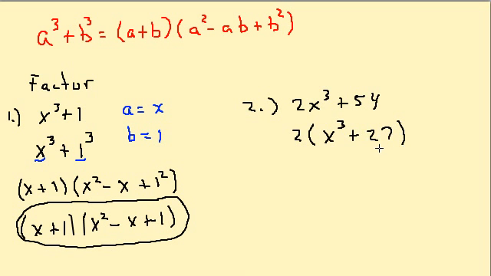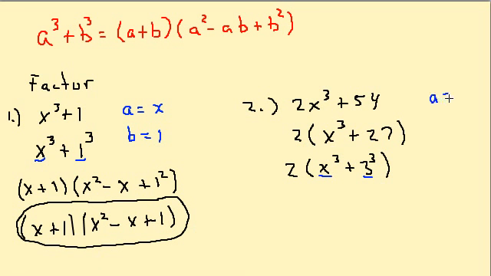But I'm not finished, because x cubed plus 27 is the sum of two cubes. So I'm going to rewrite that as 2 times x cubed plus 3 cubed. And you can see that a is x, b is 3.